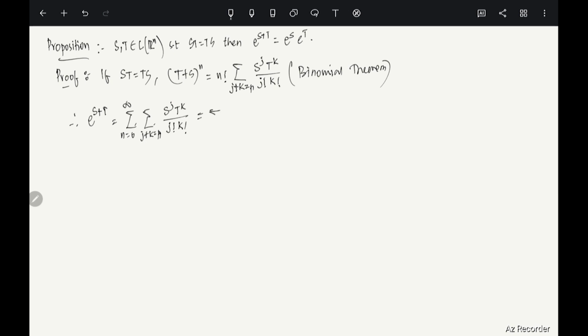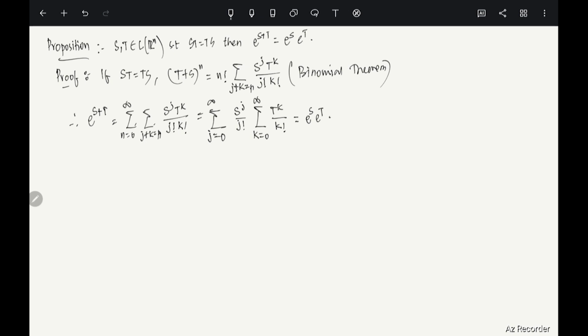This is nothing but summation j equals 0 to infinity of S power j by j factorial, times summation k equals 0 to infinity of T power k by k factorial. We can write it like this. If you just break it up, you can see that this is always true. Now you see this is nothing but e power S times e power T.